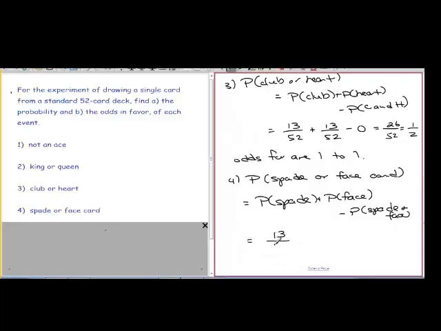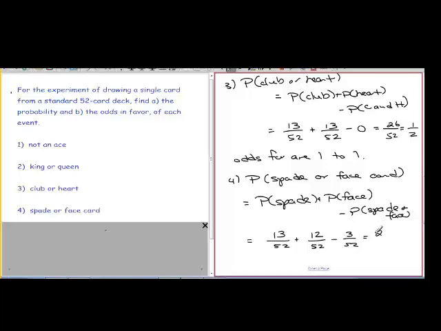So the probability of being a spade is 13 out of 52 because there are 13 spades. The probability of being a face card, there are 12 face cards. That's king, queen, jack, 3 times 4 suits. So you get 52. And then you subtract the number of spade face cards, which are 3. 3 out of 52. There's the jack of spades, the queen of spades, and the king of spades.